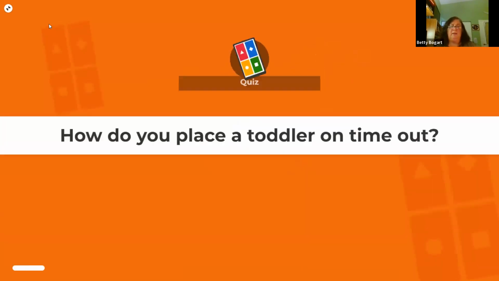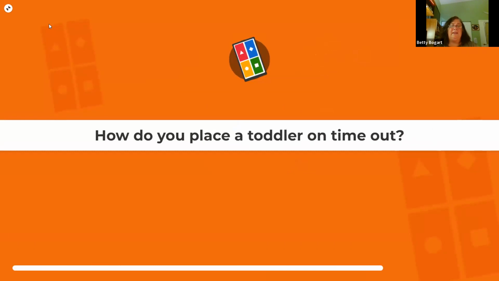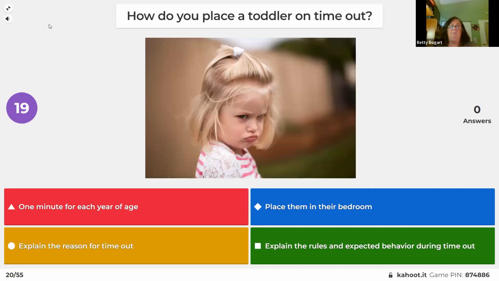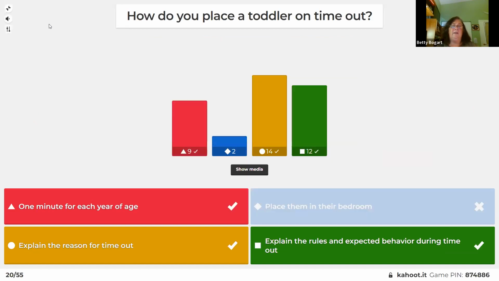A multi-select. How do you place a toddler on timeout? Toddlers are very headstrong, and we do know that, but they do things that require timeouts.